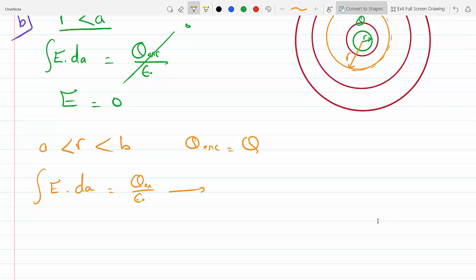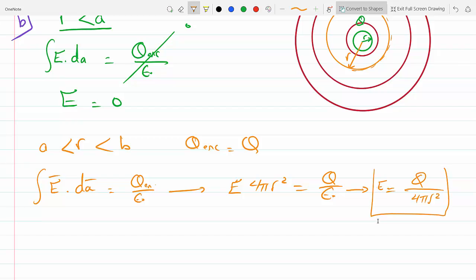Due to symmetry and E radially pointing outwards in the same direction as dA, this just becomes EA cosine 0, which is 1. So E times 4 pi R squared equals Q over epsilon. So our second E is just Q over 4 pi R squared. This is the second E, this is the first E, if we can label them.